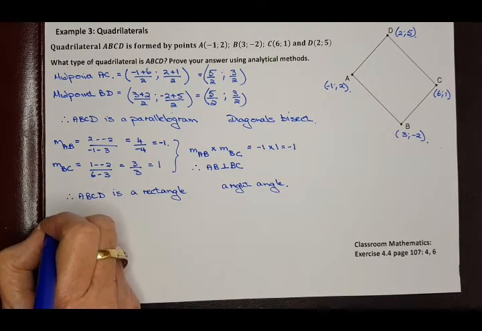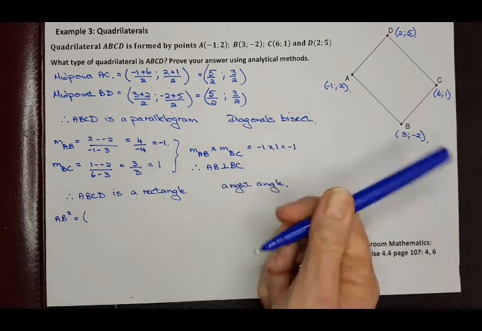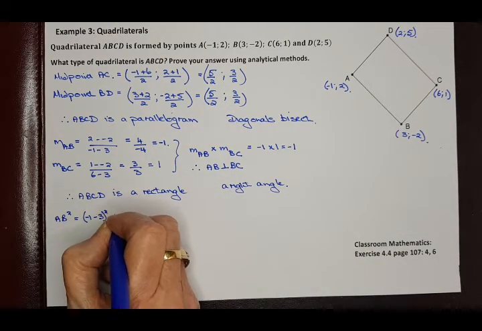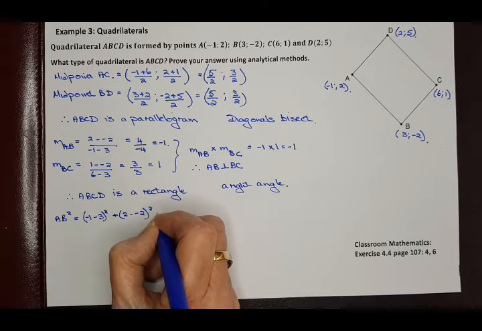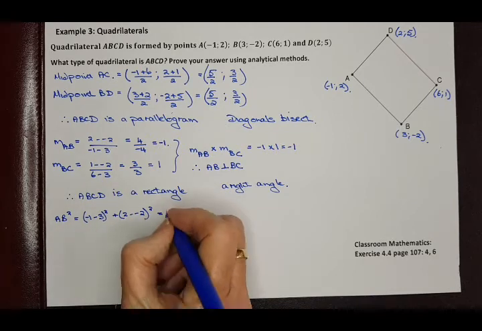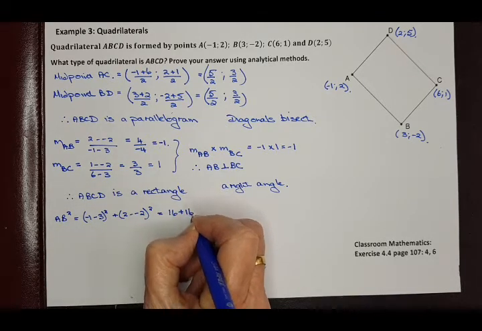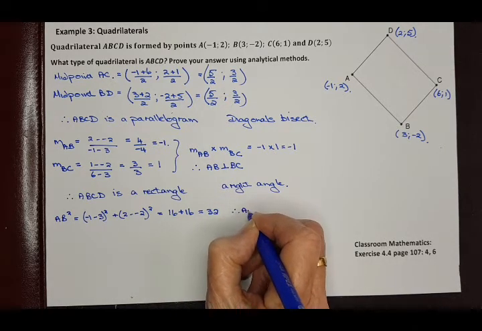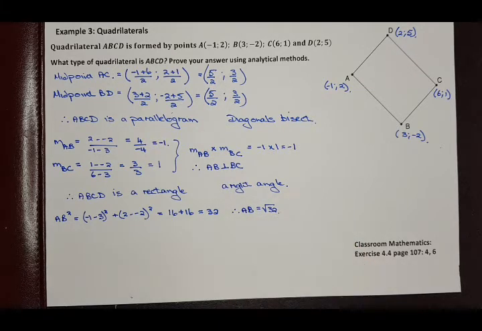So if I work out now the length of AB, well, AB squared would equal the difference between my x's squared, minus 1 minus 3 squared, plus 2 minus minus 2 squared. Minus 4 squared is 16, 4 squared is 16, and that length AB will be equal to the square root of 32.